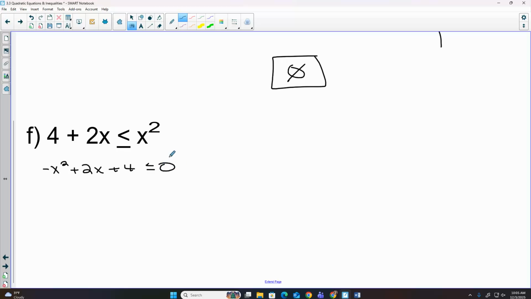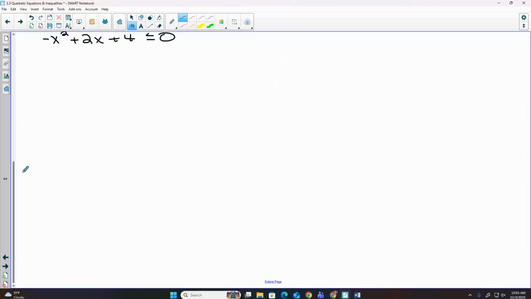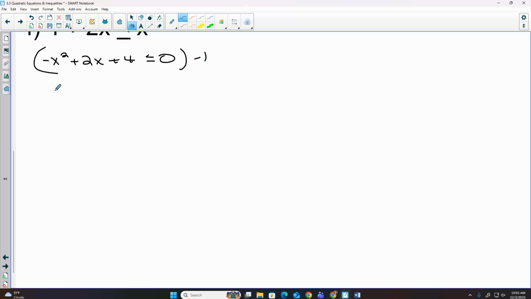All right, and then we don't like a negative x squared, so how could we fix it? And when you do that, it flips your inequalities. You get x squared minus 2x minus 4 greater than or equal to 0. All right, what multiplies to negative 4 and adds to negative 2?